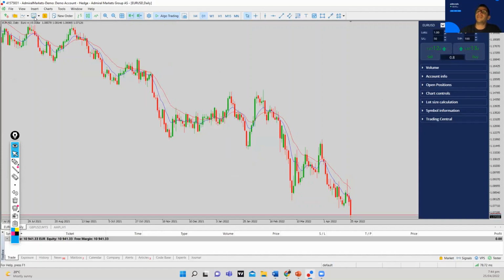How to insert it? After you download it, of course, you go to Insert, you go to Experts, Admirals Connect, and it's going to come up. Make sure your algo trade is activated as here.